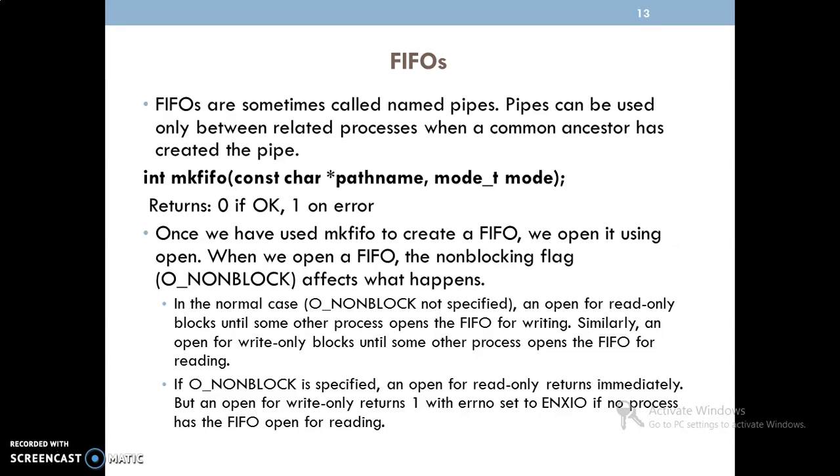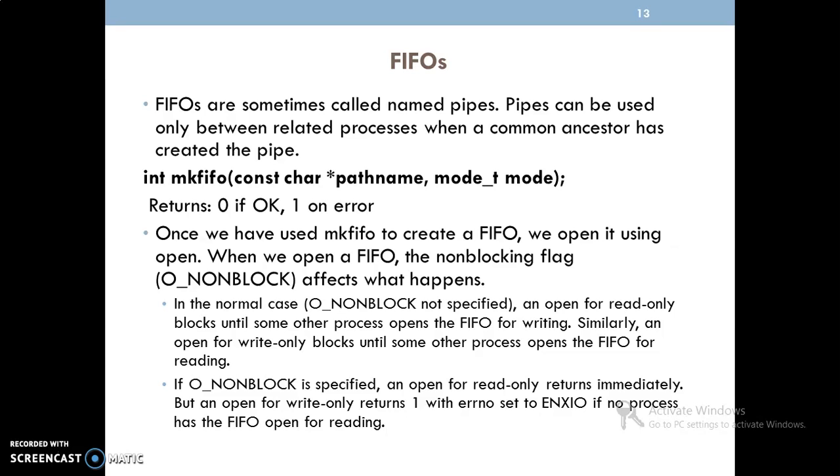Once we have used mkfifo to create a FIFO file, we open it using fopen. That means we use the normal API to open the FIFO file. There are no specific APIs here. Two things happen in the normal case, that is, non-blocking.